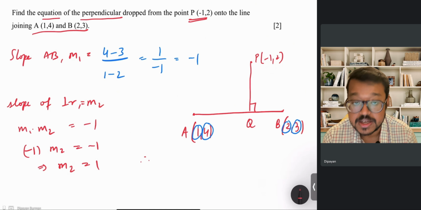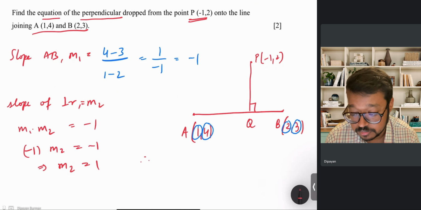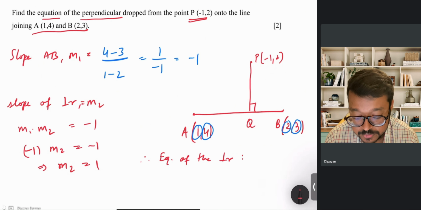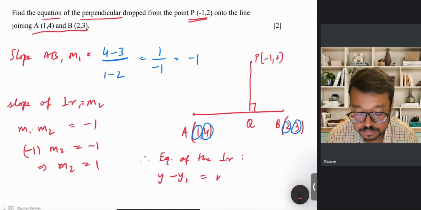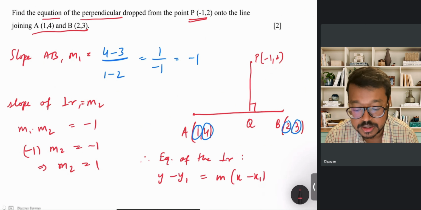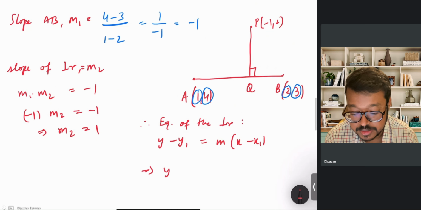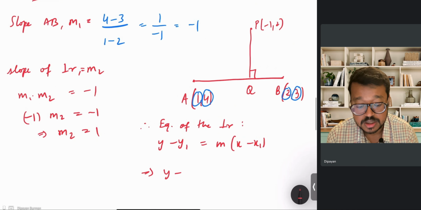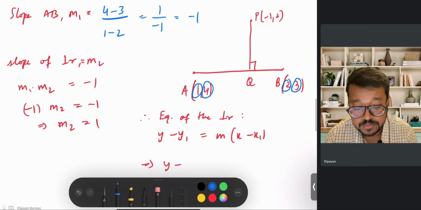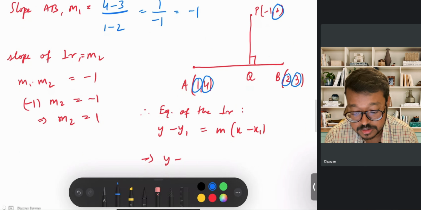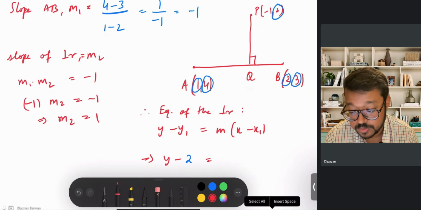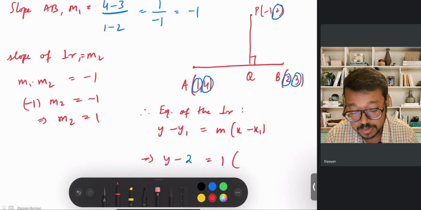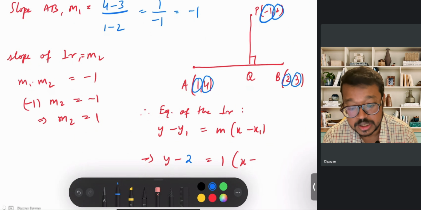And therefore again, if I apply point slope form of an equation, the equation of the perpendicular will be y minus y1 equal to m into x minus x1. So I have y minus y1, where y coordinate of point P is 2. So y minus 2 is equal to the slope, the slope of the perpendicular is 1, multiplied by x minus the x coordinate of point P, that is minus 1.